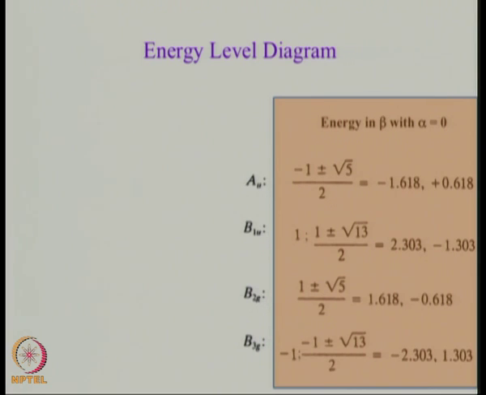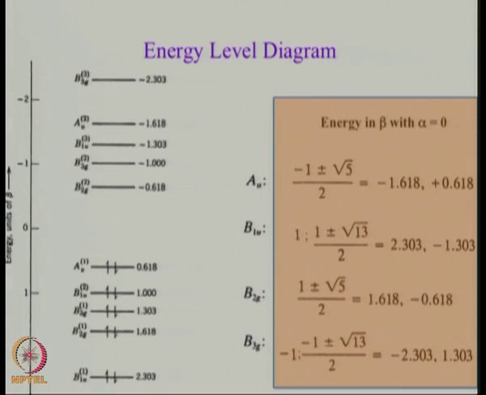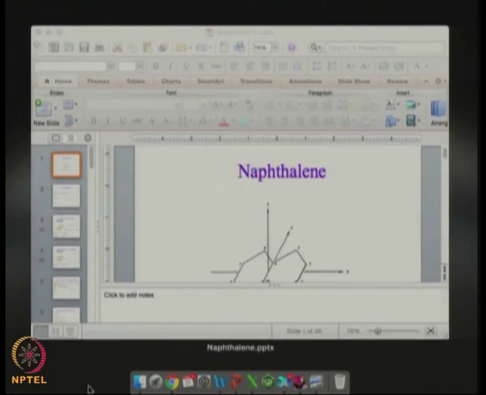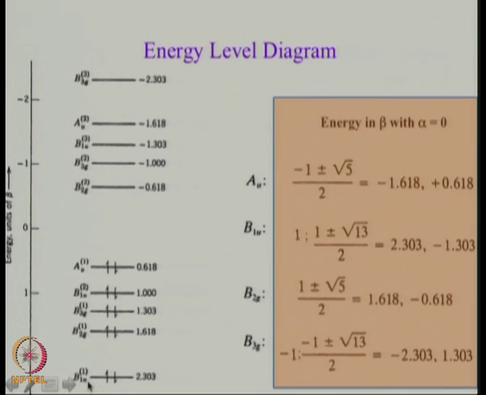B2G. What is the next one? AU is 0.618. And what about B3G? Right, don't forget that. So, this is what you get. The lowest energy orbital is B1U, then B2G, B3G, B1U, AU, and then you have B2G, B3G, B1U, AU, B3G.